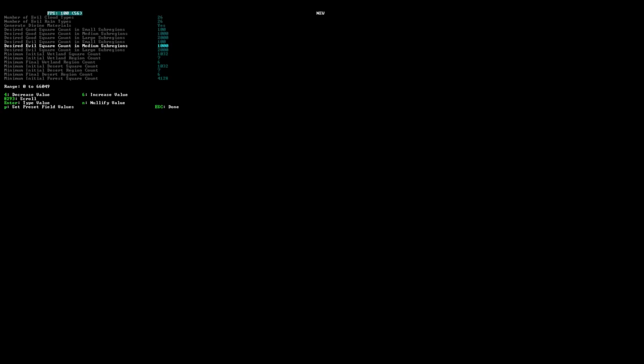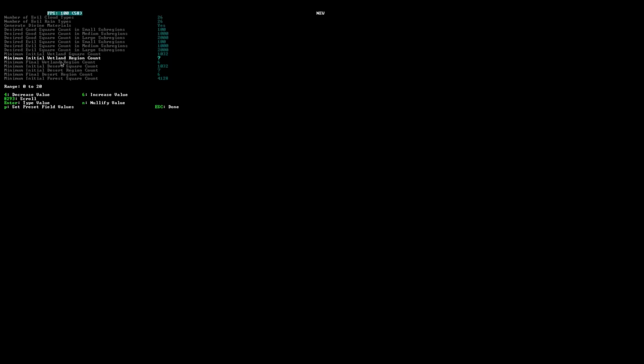The larger amount that you have, the more squares that will be accounted for that specific type of medium subregion, large subregion, good, evil, etc. All right, next we have the minimum initial wetland square count and the minimum initial wetland region count.